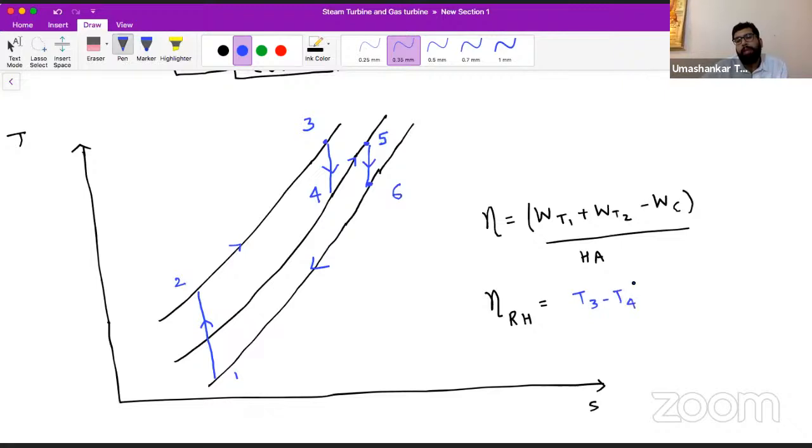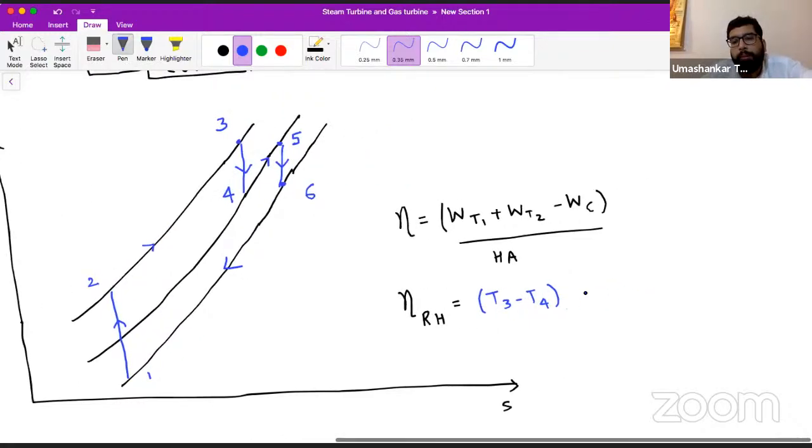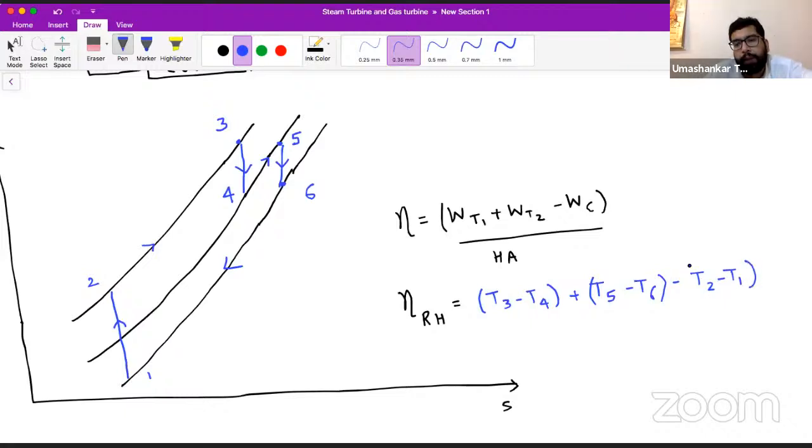So we will be having T3 minus T4, or you can write H3 minus H4. Later you can do Cp (T3 minus T4) plus WT2. WT2 is what? T5 minus T6. Compressor work is what? We have Cp (T2 minus T1).